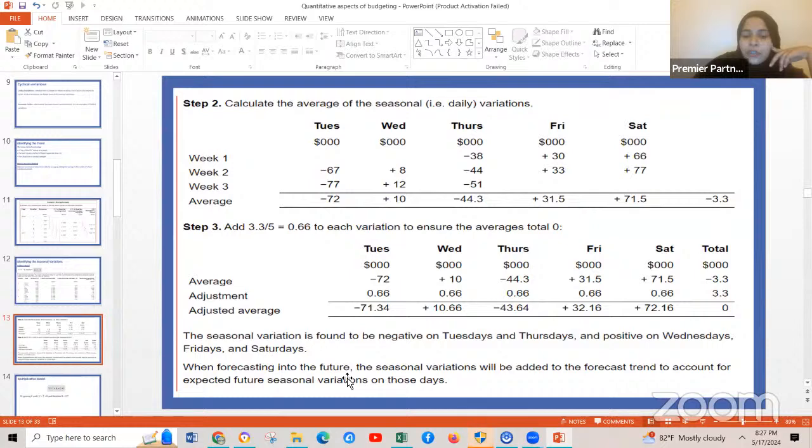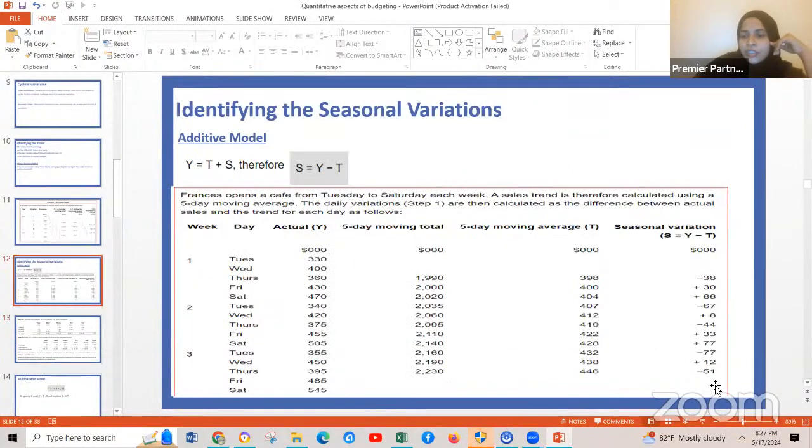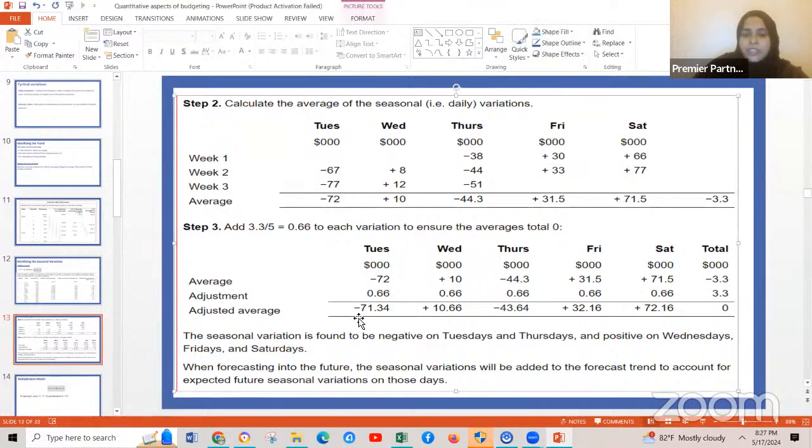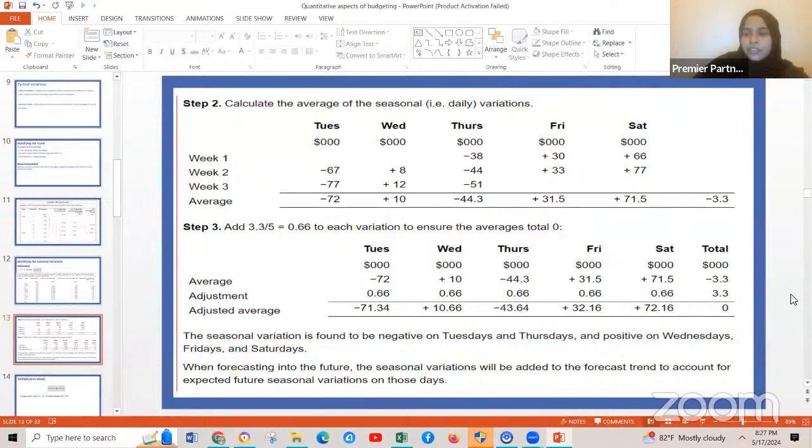When forecasting into the future, the seasonal variation will be added to the forecast trend to account for expected future seasonal variations. If they ask for the average seasonal variation, you take that day's total seasonal variations and divide by the number of events.